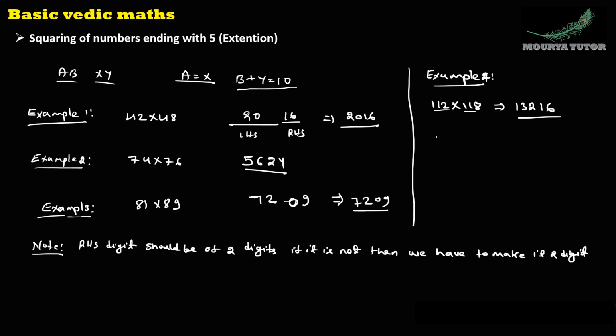Okay, 194, 196. Multiply these two numbers. It will be 38024. Right? I think you know how we are doing it.